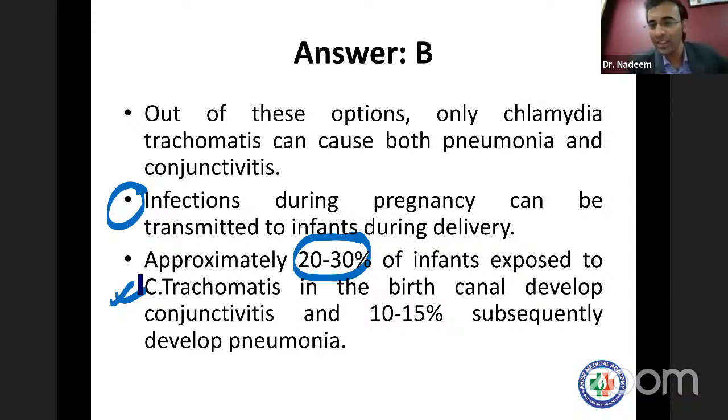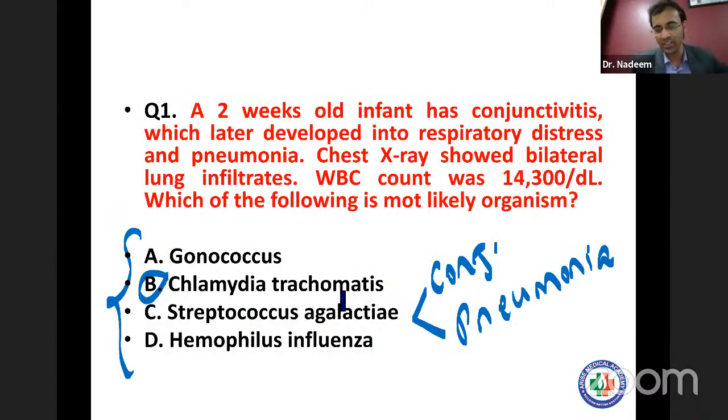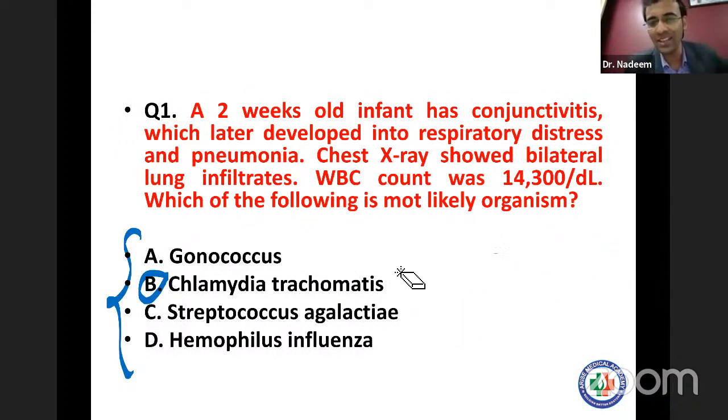First of all, the patient will develop conjunctivitis, and approximately 10 to 15% further, after a few days or few weeks, will develop pneumonia. So chlamydia trachomatis is the only bacteria out of these 4 which can cause eye infection as well as lung infection altogether.